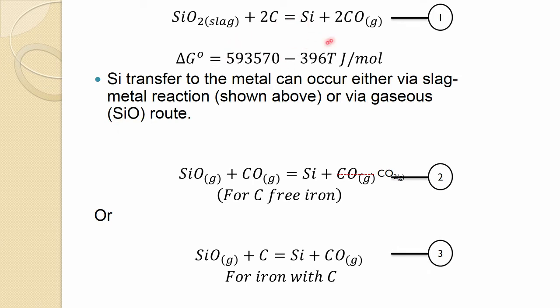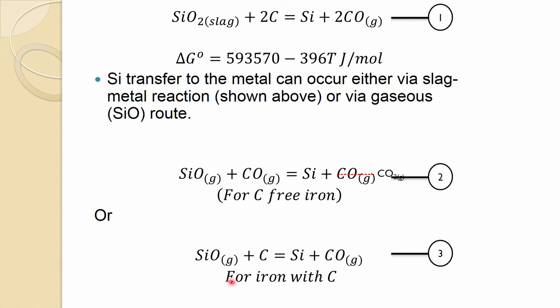So, this is by slag metal reaction, and this is not possible, as a recent study has revealed. But via gaseous route there are two ways. For iron which is free of carbon, this reaction is possible: SiO plus CO2, gives Si plus CO2. So, CO2 gas, not CO gas.